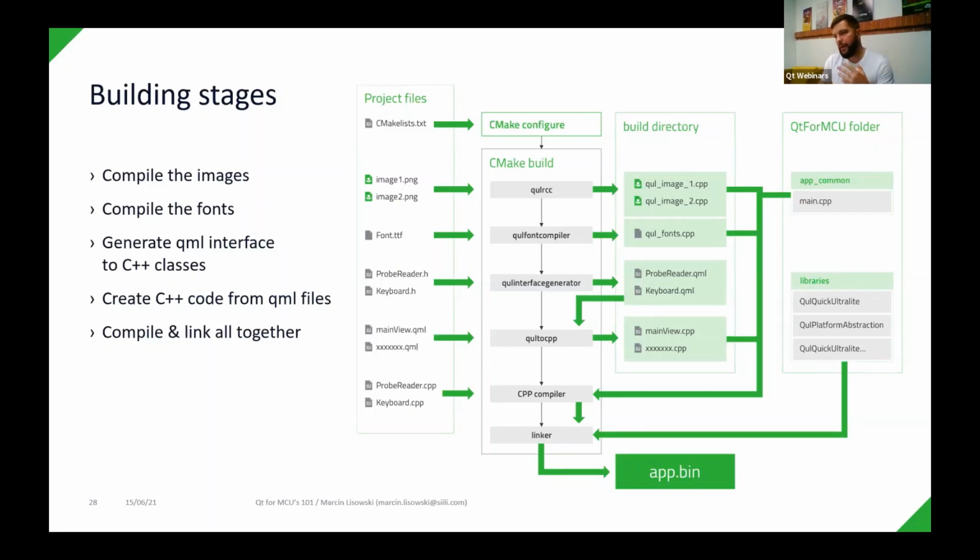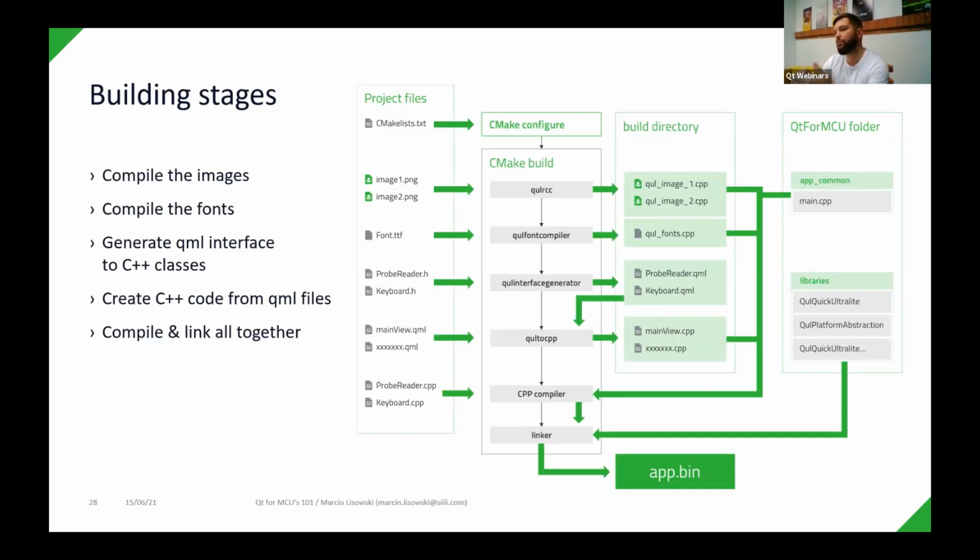After assets generation, so after converting the images, after generating the glyphs for fonts, there is a time to generate interfaces. For example, if you're going to connect your QML interface definition with C++ parts, this is the part that takes care of it.